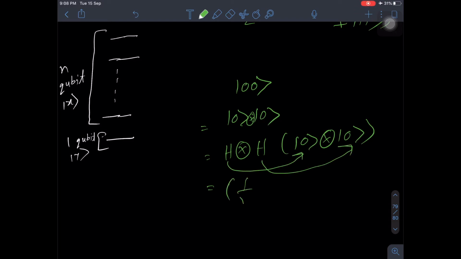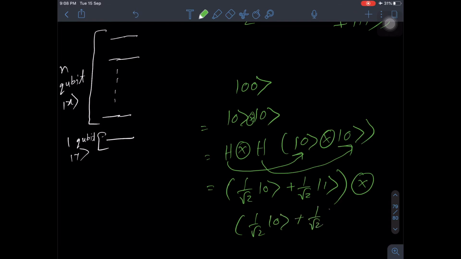So what you get is 1/√2 (|0⟩ + |1⟩), and similarly, for the tensor product, the second one would be the same: 1/√2 (|0⟩ + |1⟩).